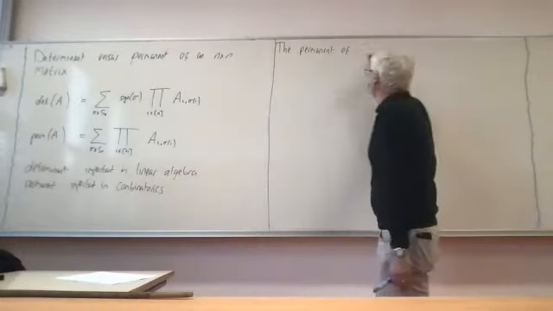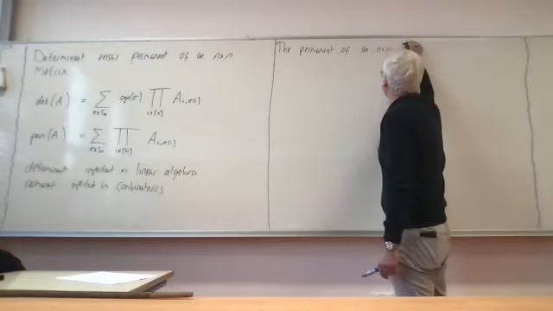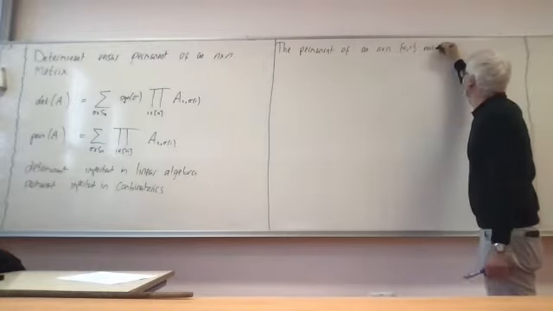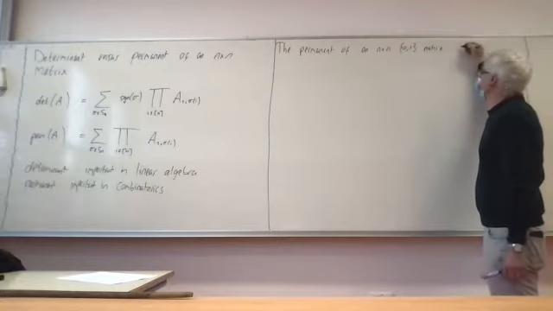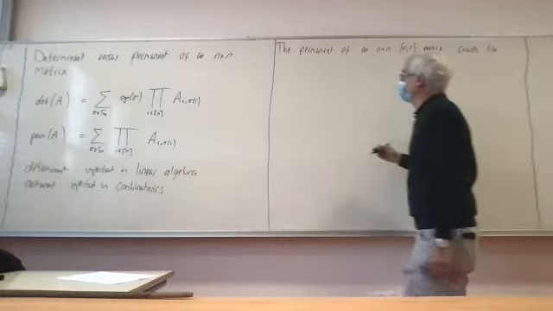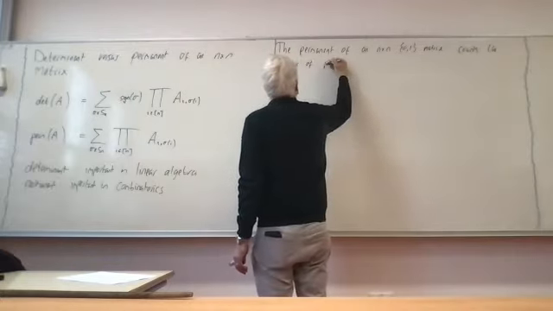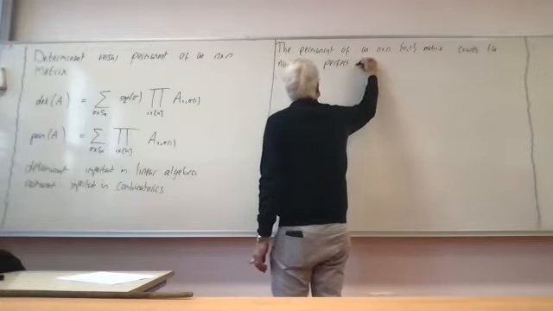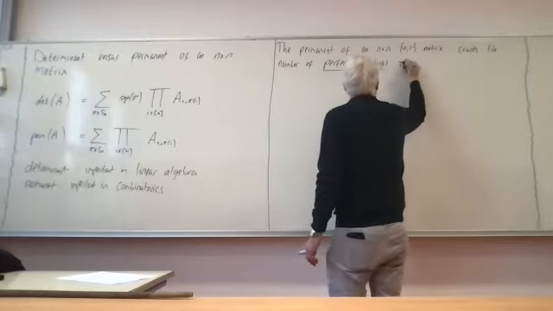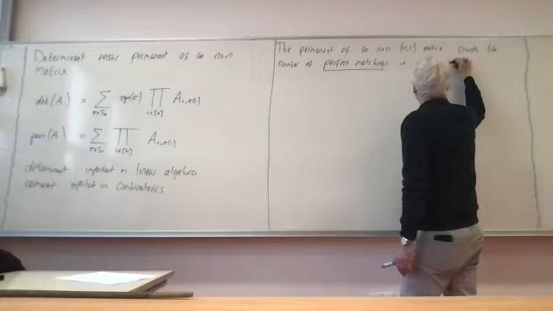So the permanent of an n by n 0-1 matrix, you can view it as counting the number of perfect matchings in a bipartite graph.